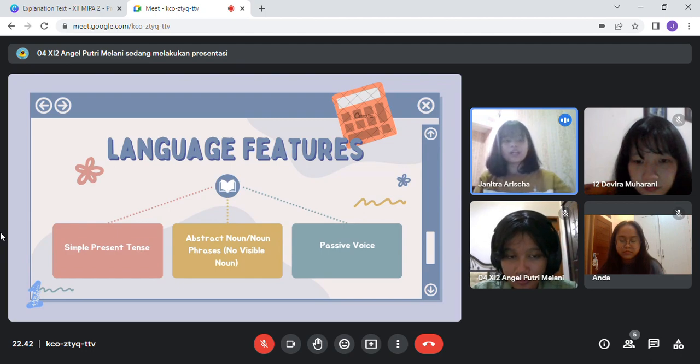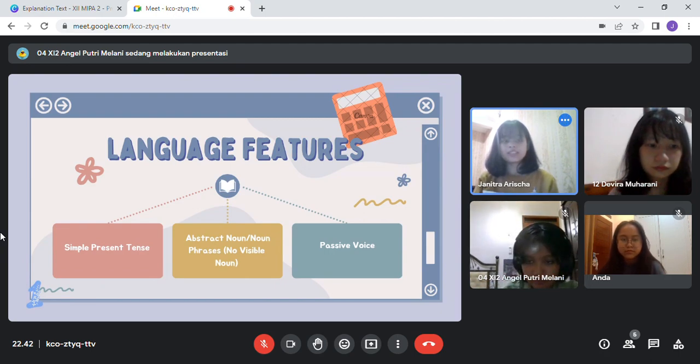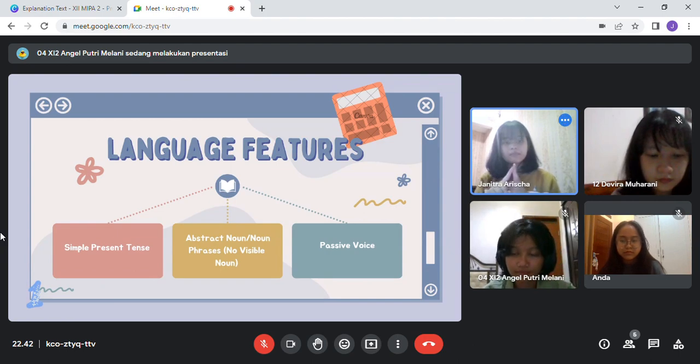The second one is using abstract noun or noun phrase. A noun phrase that functions as an adverb. The adverbs mentioned here are words, phrases, or clauses that add information about time, place, condition, manner, reason, or purpose to describe the whole phrase.